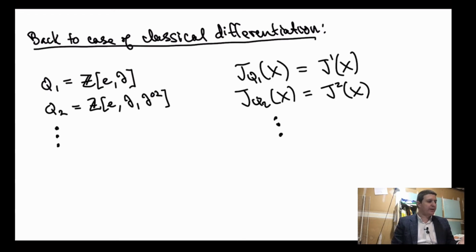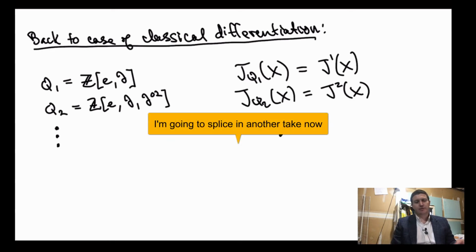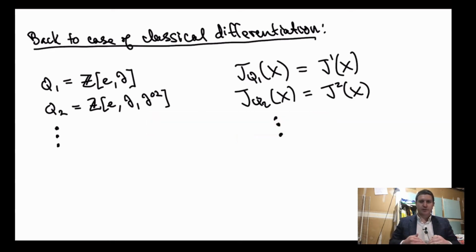So the whole point is that for each biring there is one jet space. In the corresponding classical case, you have to add more operations and then you get higher order jets. So it's not just one thing, but a sequence of them.